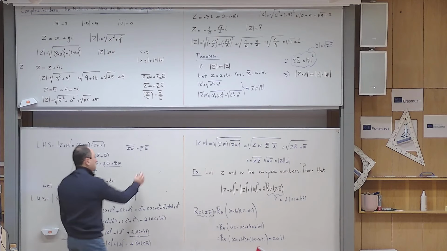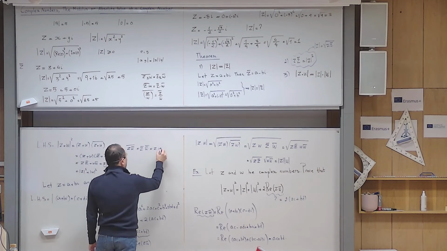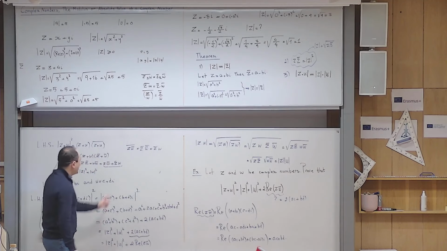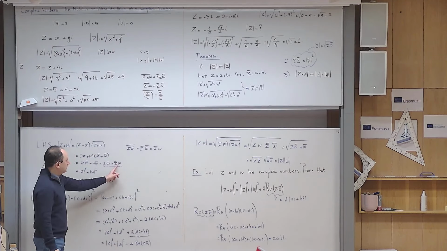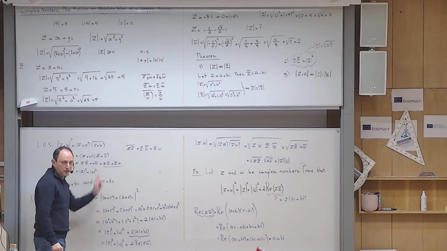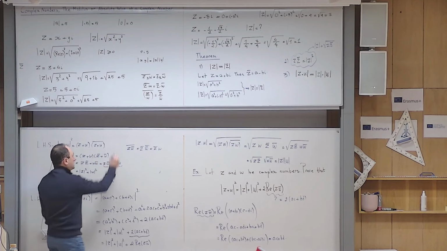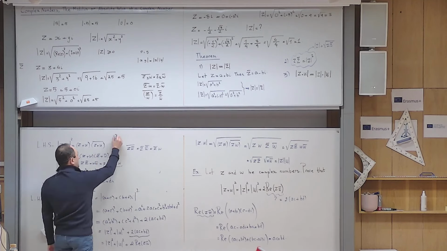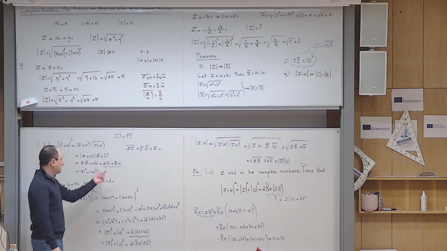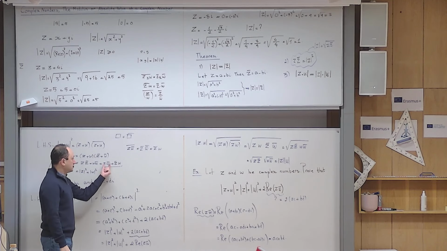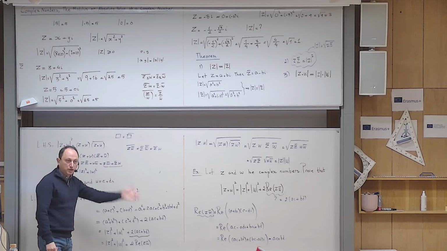It is W. So it becomes Z bar W. So the second number is the conjugate of the first number. Whatever this is, the second one is its conjugate.